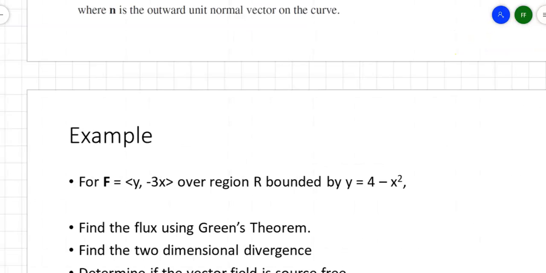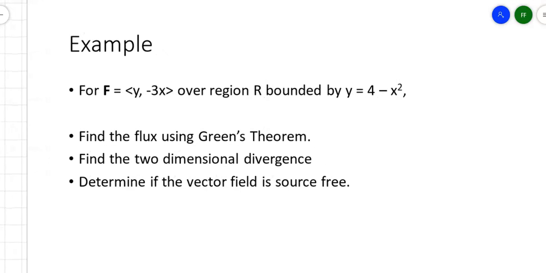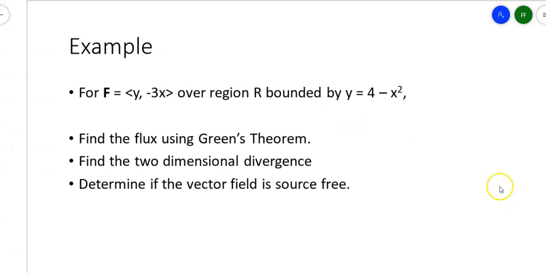All right, so let's take a look at this example over here. I've got a vector field of y, negative 3x, over a region bounded by y equals 4 minus x squared. If I want to find the flux using Green's theorem, this is my f, that's my g. So the partial f with respect to x is 0. The partial g with respect to y is 0.